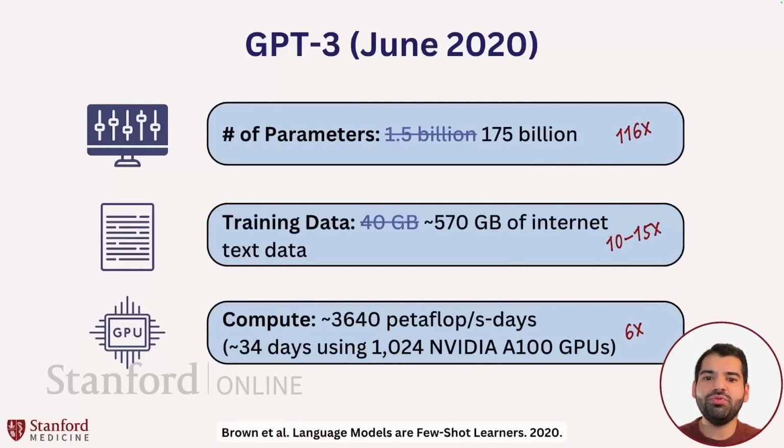The dataset included roughly 400 billion tokens, filtered down from an initial 45 terabytes of raw text to 570 gigabytes. Sources included Common Crawl, additional books, and some Wikipedia articles. Compute also increased substantially, estimated at 3,600 petaflop per second days, or about 1 month of using 1,000 NVIDIA A100 GPUs running continuously at suboptimal efficiency.